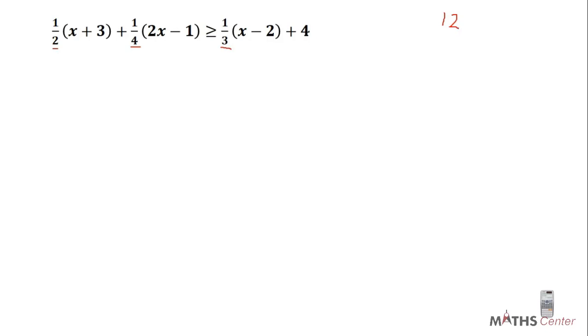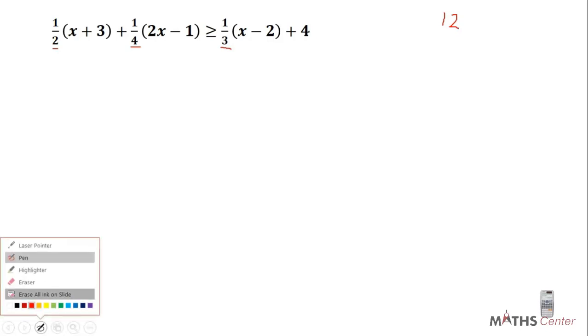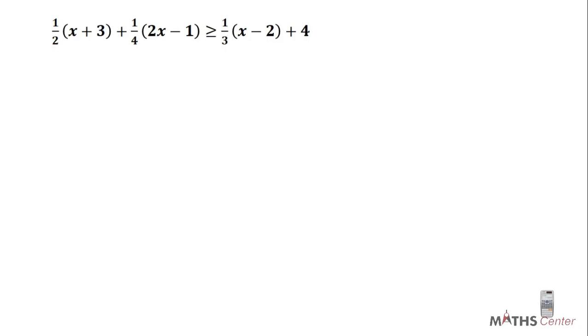Now, after you've found the LCM, the next thing you need to do is to identify the terms in the inequality given to you. A term in this inequality will be separated by addition or subtraction. Between 1 over 2 and what is in the bracket, there is multiplication. There's no sign here, which means that they are multiplying.